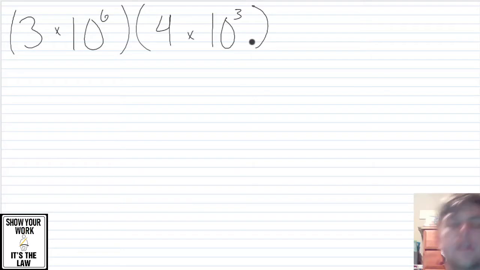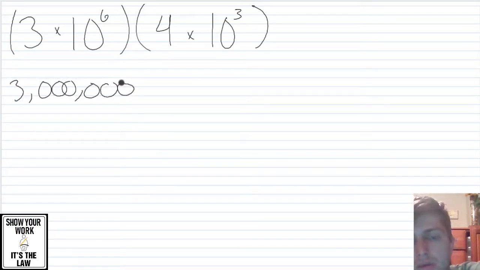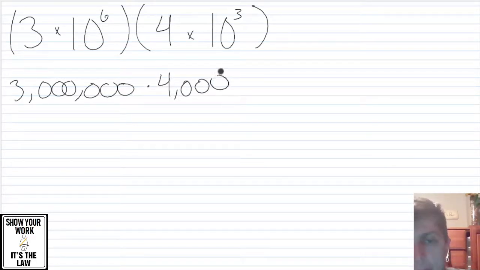Now, if we didn't know any other way, we'd first do 3 times 10 to the 6, which would give us 3 million, and then we would do 4 times 10 to the 3, which would give us 4,000. And that would give us a big number that we would have to multiply out a long way.